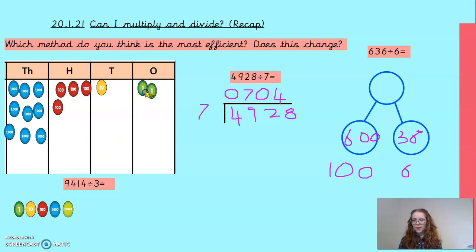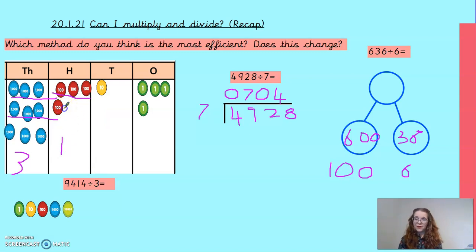Okay, so I'm going to start by doing my grouping. I can see straight away, because I've laid it out in 3s, I've got 1, 2, 3 groups in my thousands. I've got 1 group in my hundreds, and I've got 1 left over.